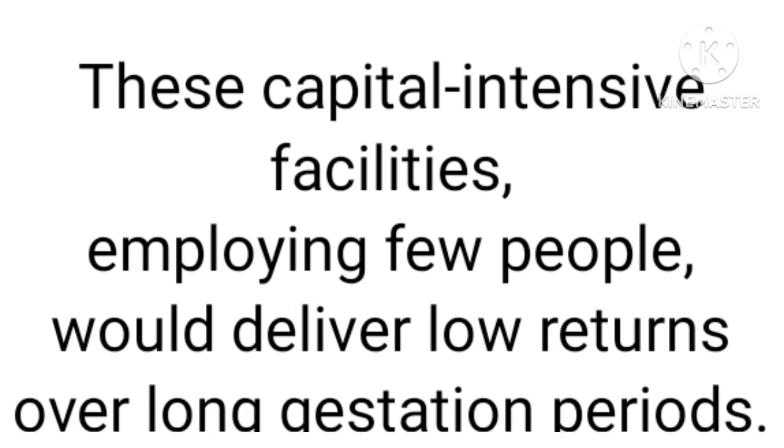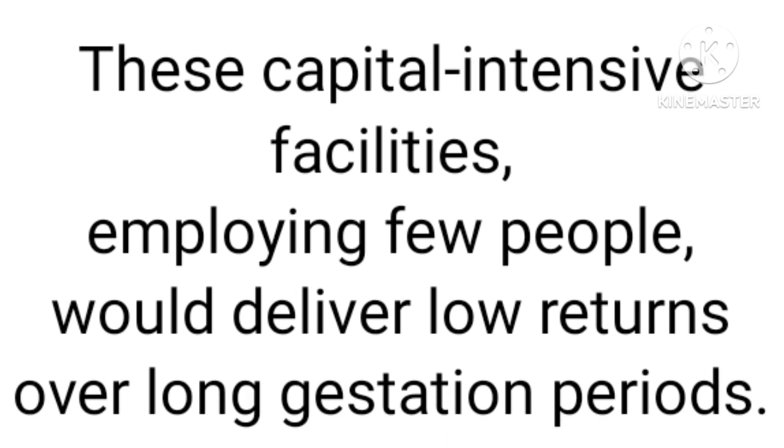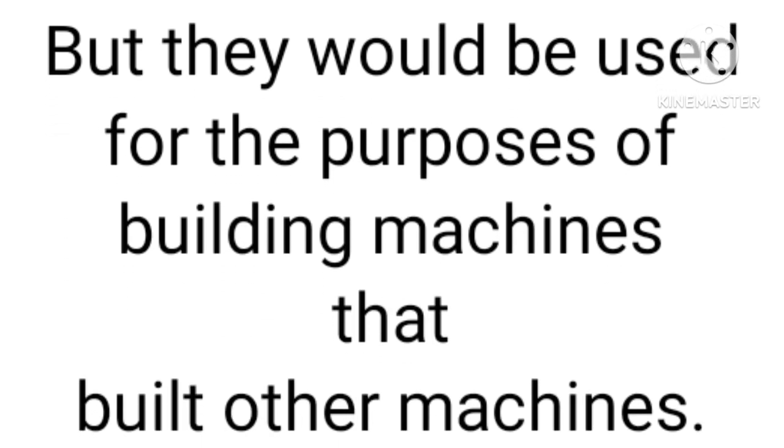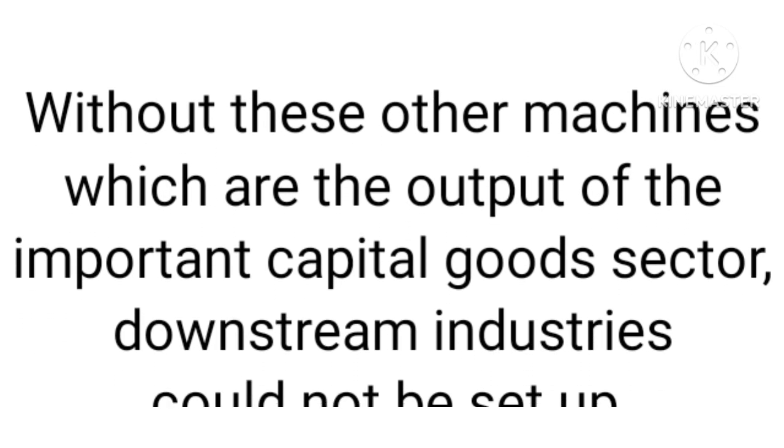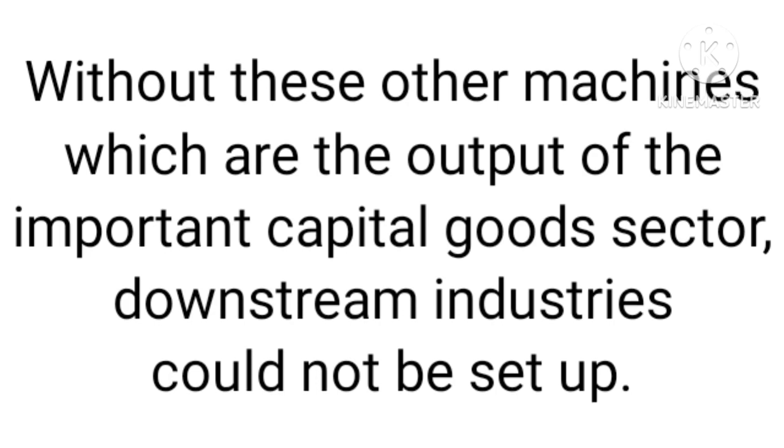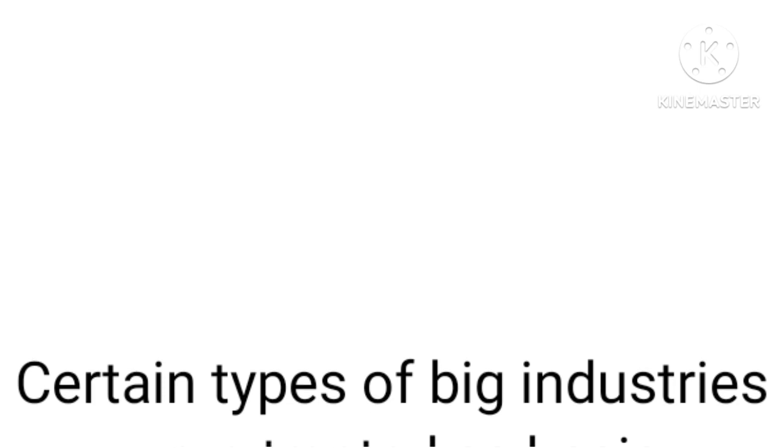These capital-intensive facilities employing few people would deliver low returns over long gestation periods, but they would be used for the purpose of building machines that built other machines. Without these other machineries, which are the output of the important capital goods sector, downstream industries could not be set up.